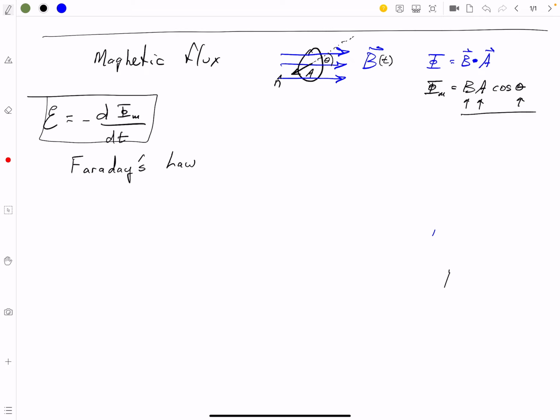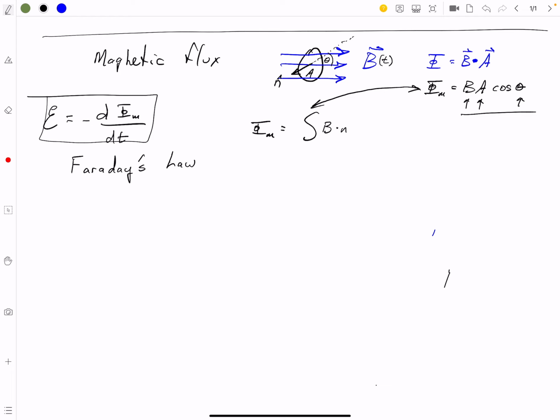I'm actually doing this equation now, not Faraday's law.